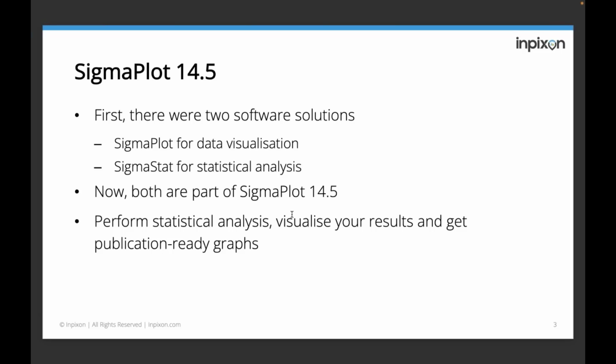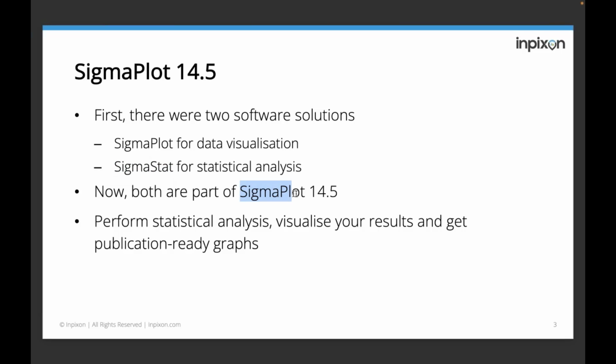What is SigmaPlot? First, there were two solutions. There was one software tool for data visualization called SigmaPlot, and another one called SigmaStat, dedicated to statistical analysis, and now they have merged them together.